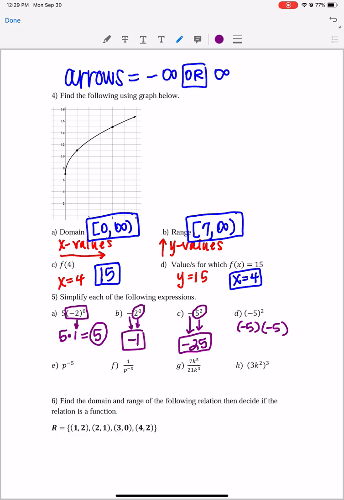Negative times negative is +25. A through D, you can put all of these in your calculator and get the same answer. If it has nothing but numbers, and you put it in your calculator exactly the way it looks, with parentheses and everything, it will give you the 5, -1, -25, and 25.